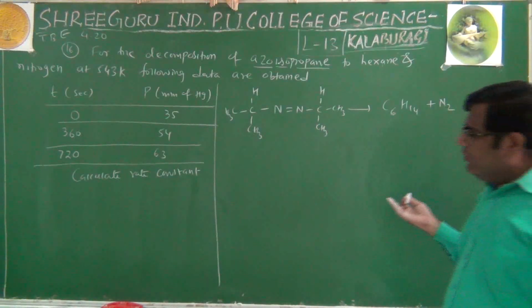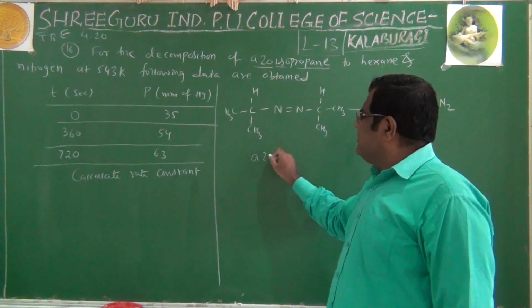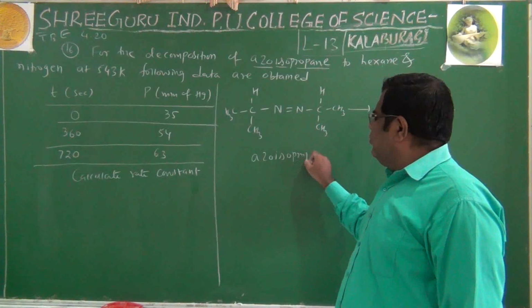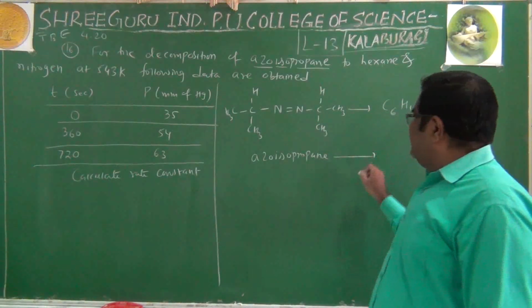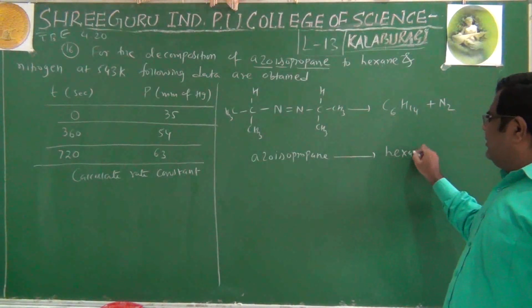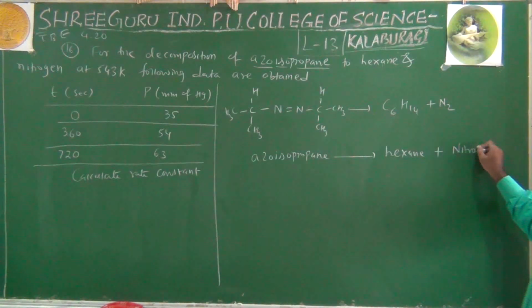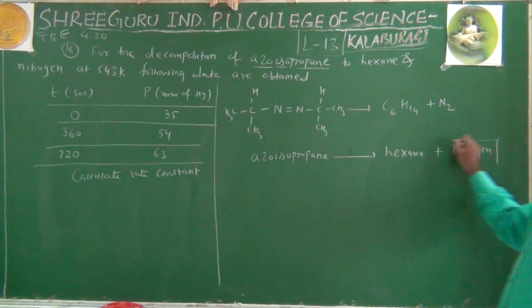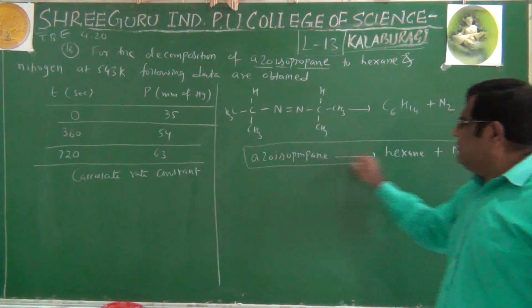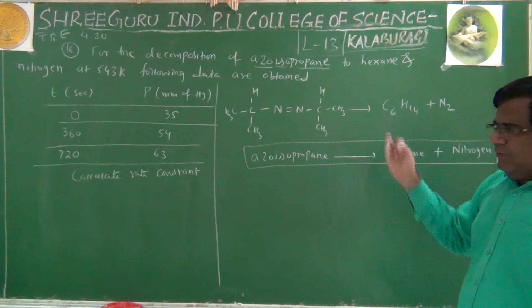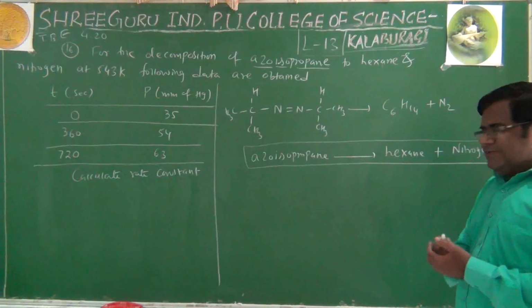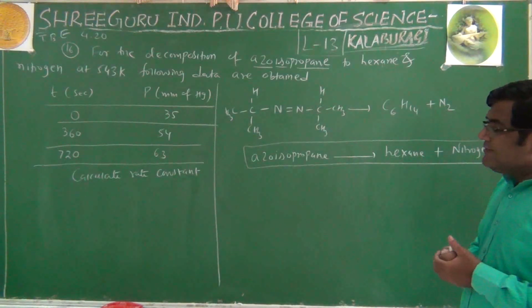If you do not know the formula, write: azoisopropane gives hexane and nitrogen. You can write this equation also. If you don't know the formula of the various species, that's not required in chemical kinetics.